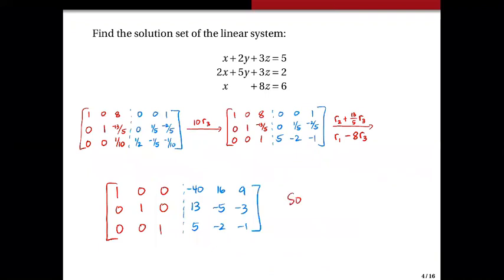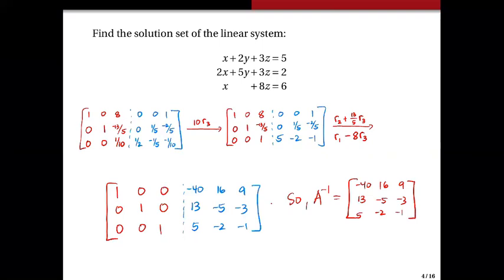So A inverse, it's this matrix here. So negative 40, 16, 9, 13, negative 5, negative 3, 5, negative 2, negative 1.